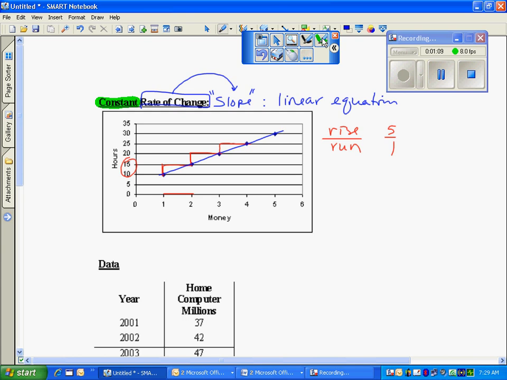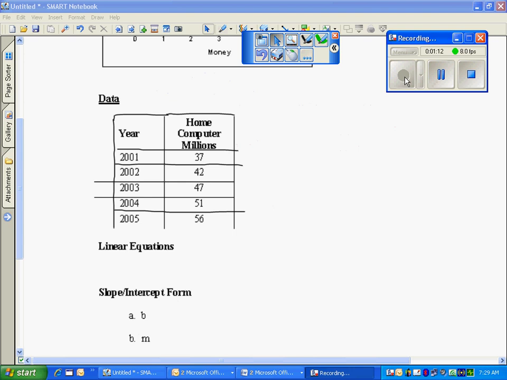Let's go ahead and check this table here below. In the table, let's see if we have a constant rate of change. Sometimes we just want to look at data instead of a graph. Now, if this is real-world data, and it's the number of home computers per millions, what's homeowner computer ownership? Well, if I look, this would be my X, and I am going up by 1 year, so that's a constant rate.